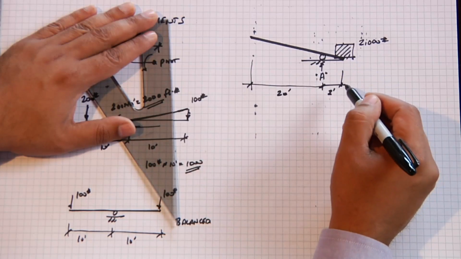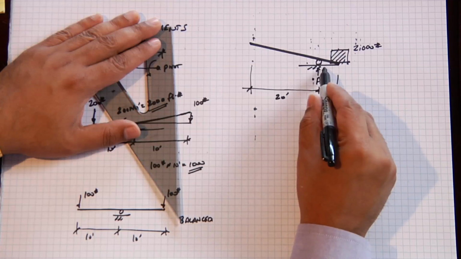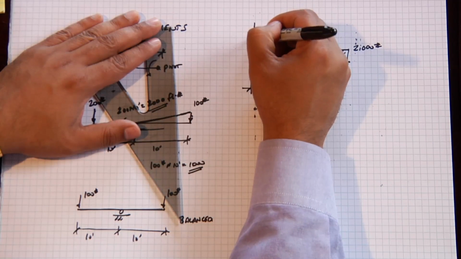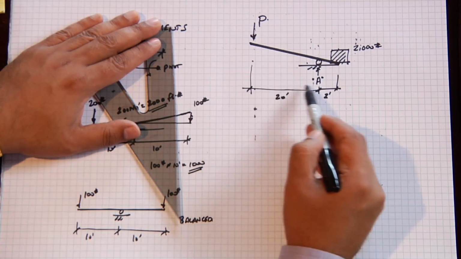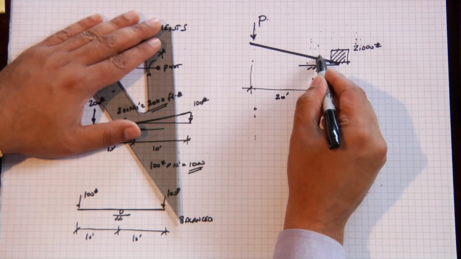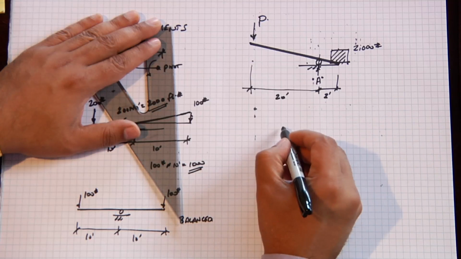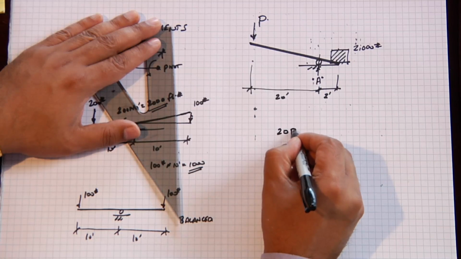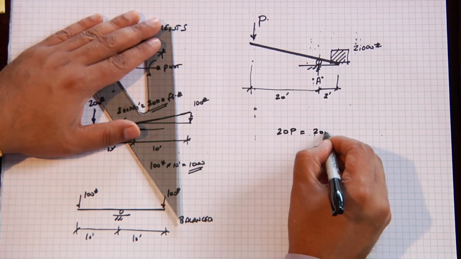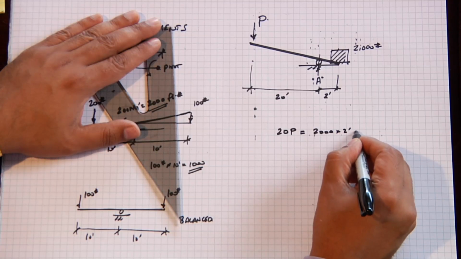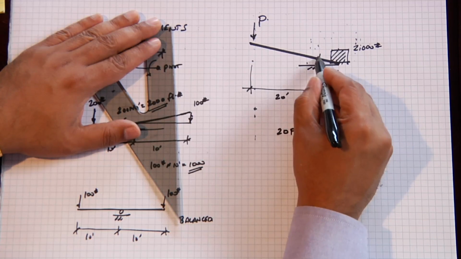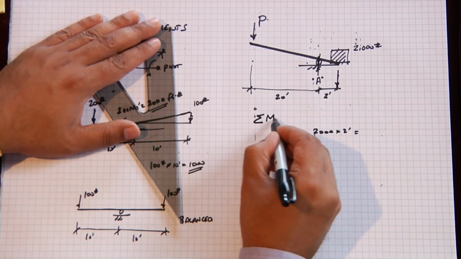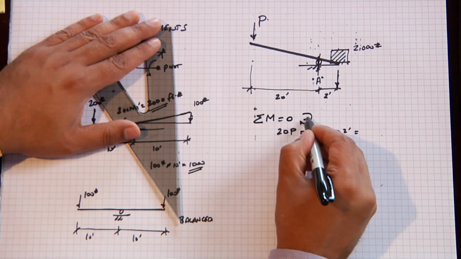And here's where you can see the concept of bending moment, or what we call leverage, becomes very important. If I apply a load over here, because of the distance between here and the pivot point, and I sum the moments about point A, my moment is 20 times P, which is equal to 2,000 times 2. Because this is the moment applied from the weight, summing it about point A, sum of the moments equal to 0.